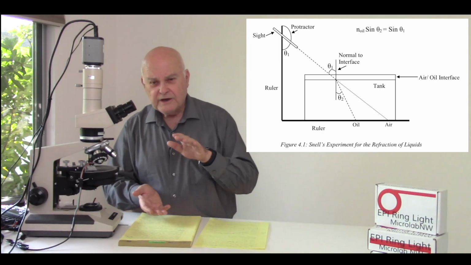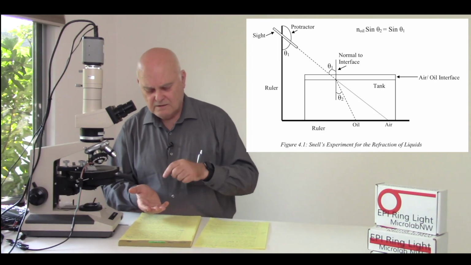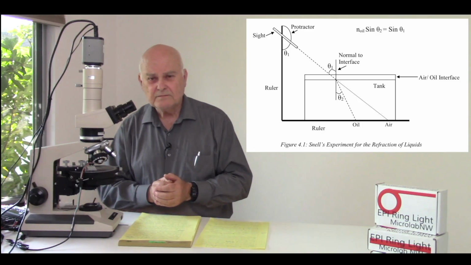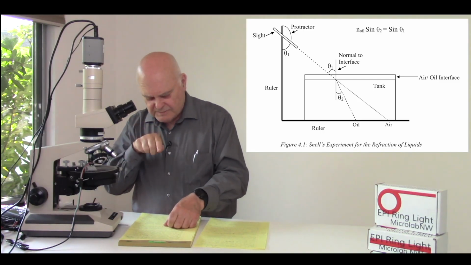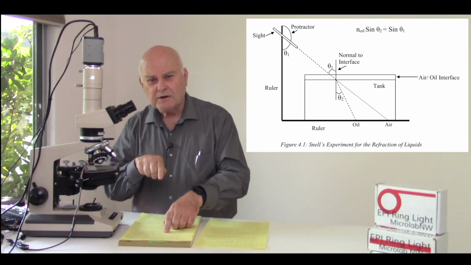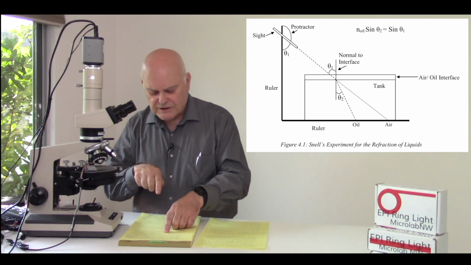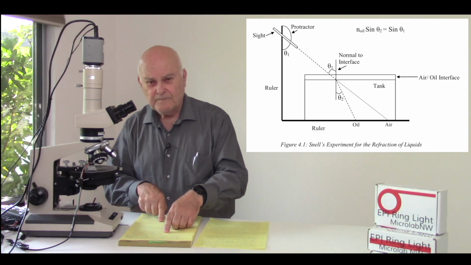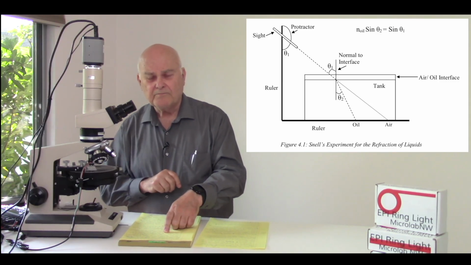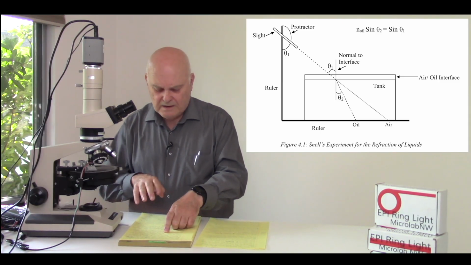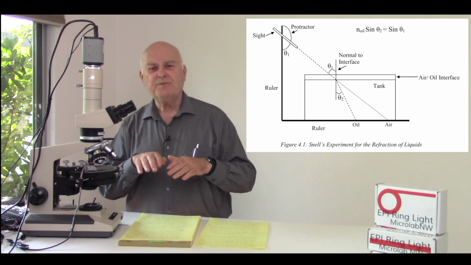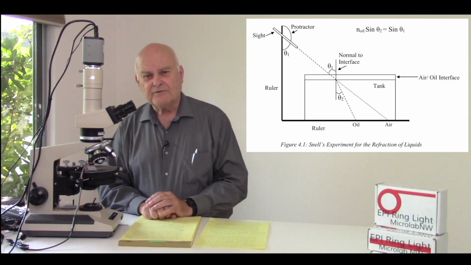If you then filled this container with water and looked through the same sight, you no longer saw the same point. You saw something that was closer to you than it had appeared before. That was referred to as refraction. The light appears to be bent at the interface.